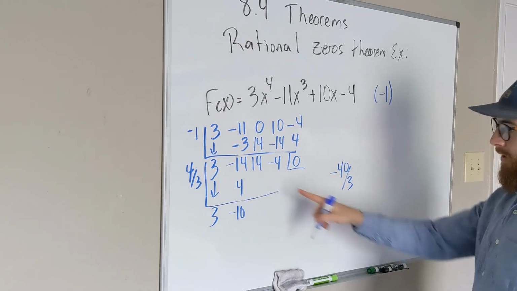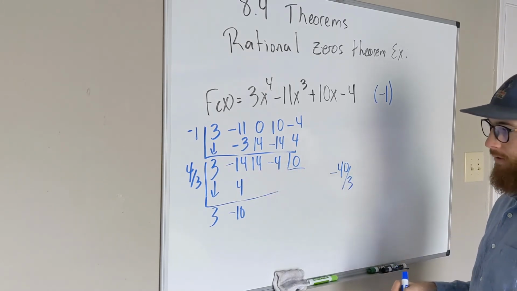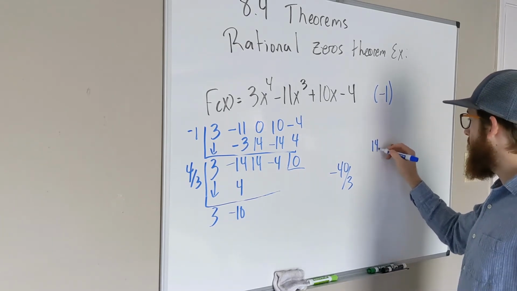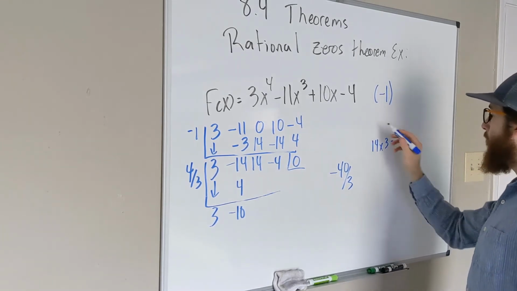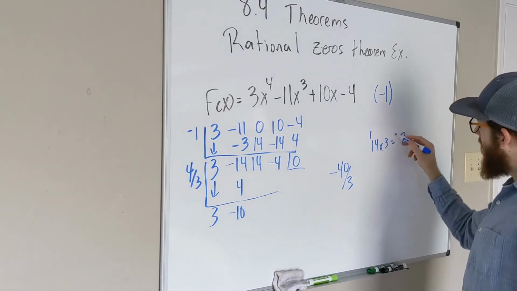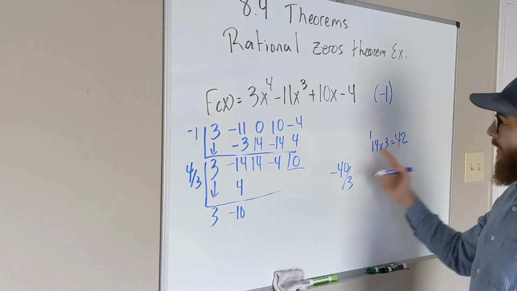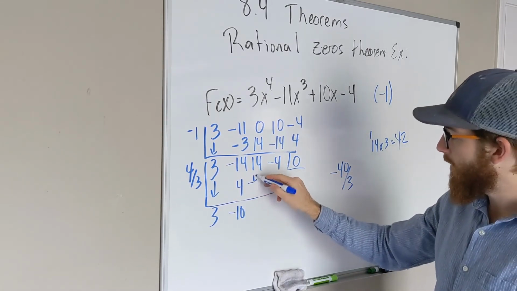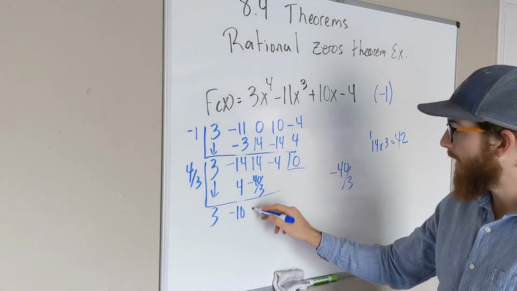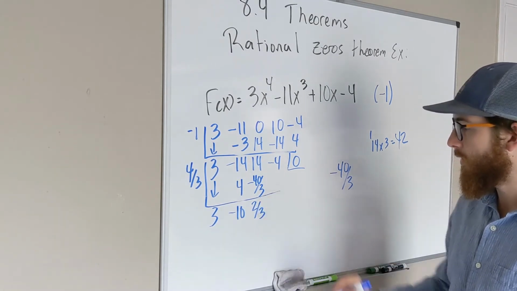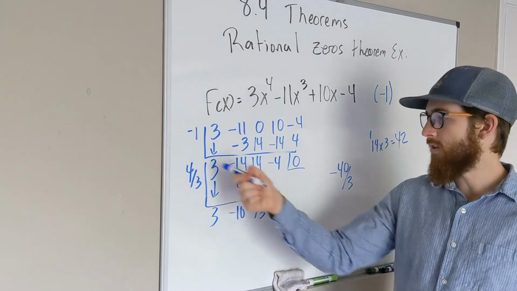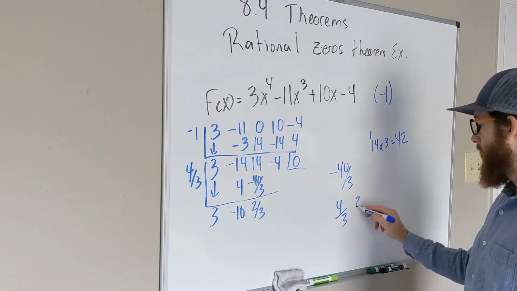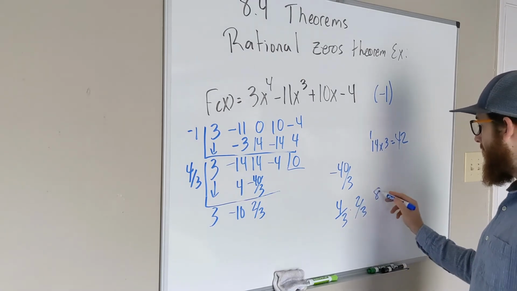So what I need to do is convert 14 into thirds. So what is 14 times 3? 14 times 3 would be 2, carry 1, 42. So that would be 14 is 42 over 3 minus 40 over 3, which would be 2/3. Okay, well, what's 2/3 times 4/3? That's 8/9.